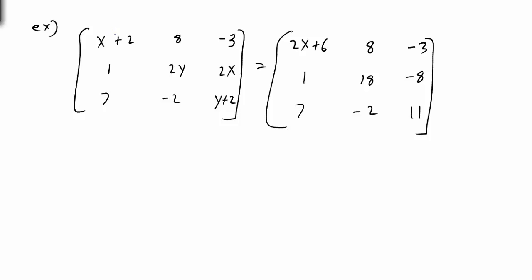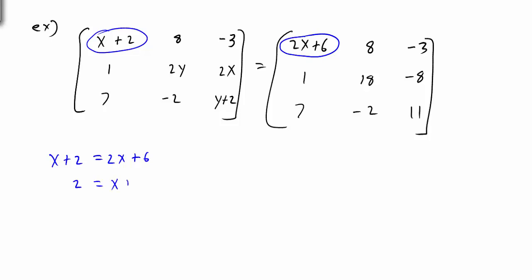Well, we see that this first entry, we have x plus 2. Well, that's going to have to be equal to 2x plus 6. So if we solve, we could take x plus 2 and set that equal to 2x plus 6. So I could subtract x from both sides, and we would get 2 is equal to x plus 6. And then if I subtract 6, then we would end up with 2 minus 6, which is negative 4.